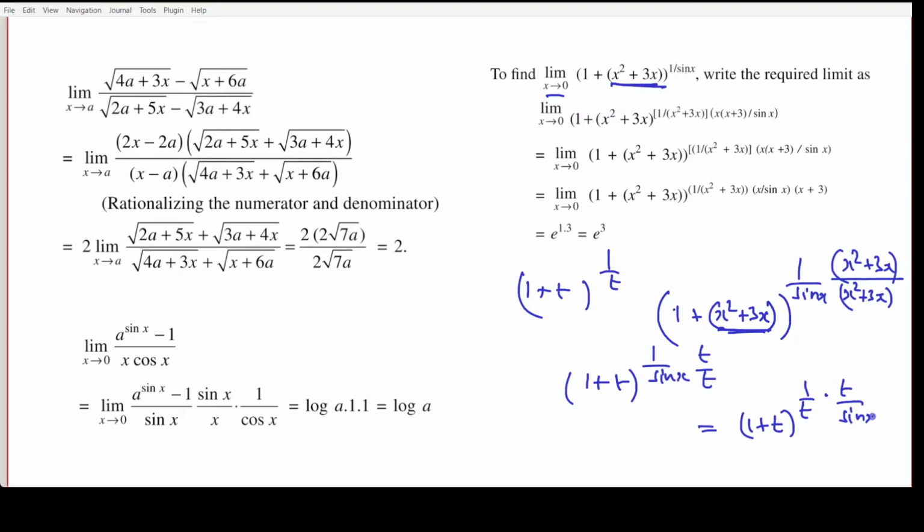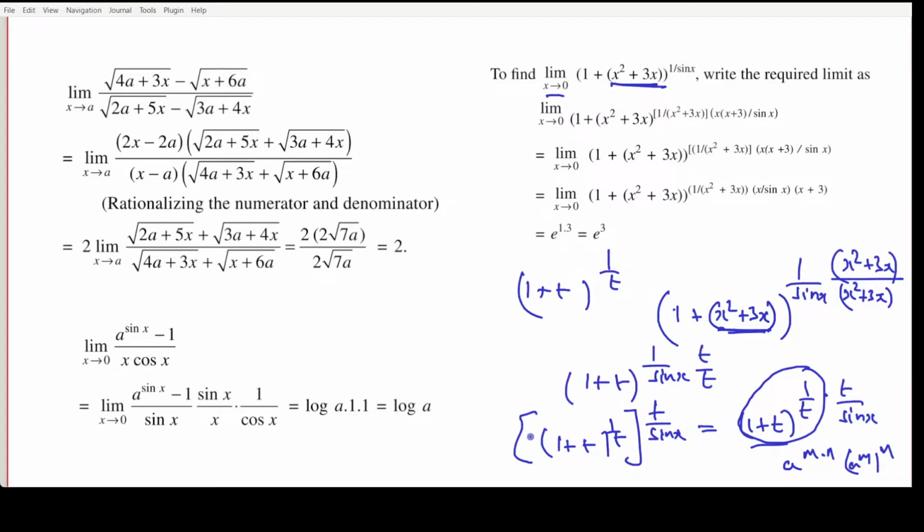Now this is a power m into n, which means a power m whole power n, right? So we can write it as (1 plus t) whole power 1 by t, whole raised to the power t by sin x, right?